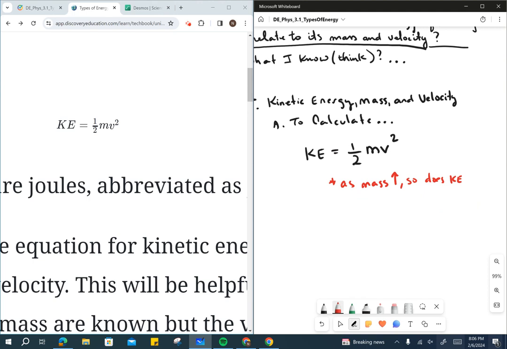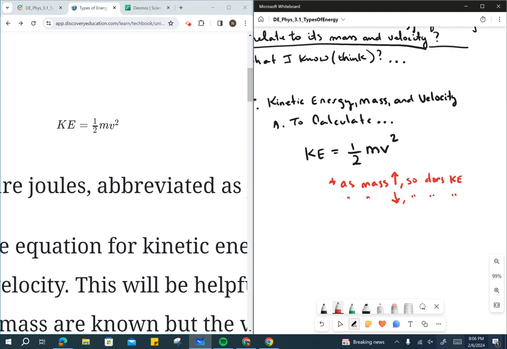And that's vice versa. As mass decreases, so does kinetic energy. That's why we say they are directly proportional.